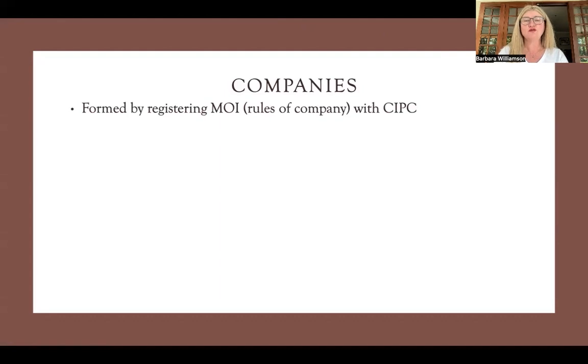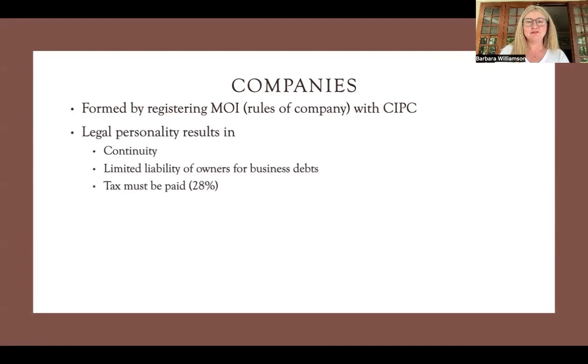So just like you would have been registered with Home Affairs in order to receive a birth certificate when you were born, any company that wants to have its own legal personality would need to register with the CIPC. And this is done by creating the Memorandum of Incorporation, which is then lodged with the CIPC.